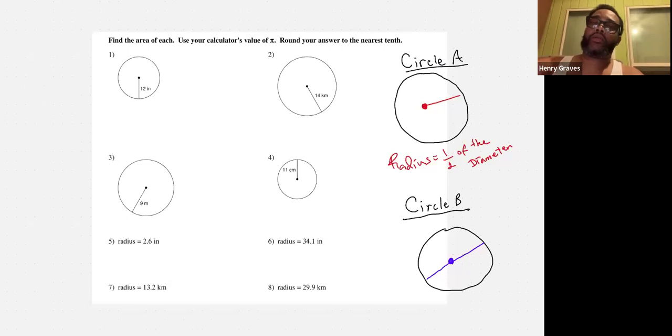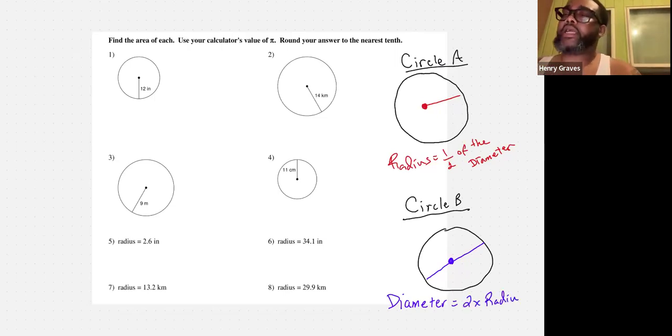That's the one that I call the diameter. And the diameter is always two times the radius. So always know this for a fact: the radius is always less than the diameter. Please do not make that mistake.